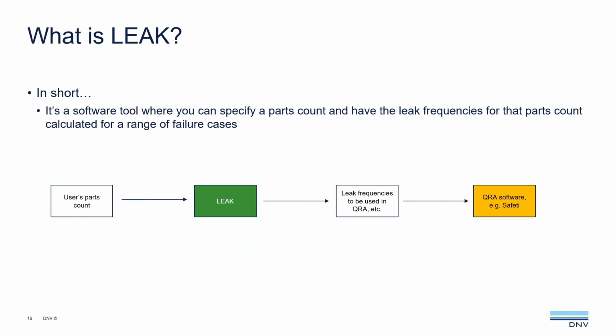So the user or the analyst has performed the parts count outside of the Leak software, and they would enter that parts count information into the Leak software, and then Leak would combine the parts count with the historical leak frequency data to give the predicted leak frequencies for each failure case. And then the analysts could use those leak frequencies as input into their QRA software, which could be Safety or any other type of QRA software.